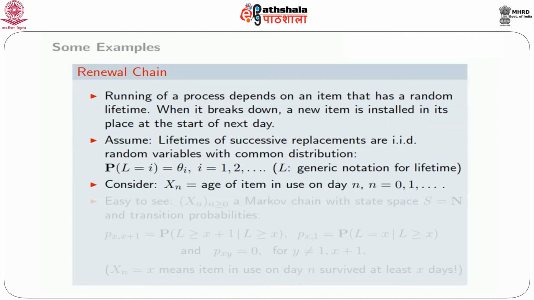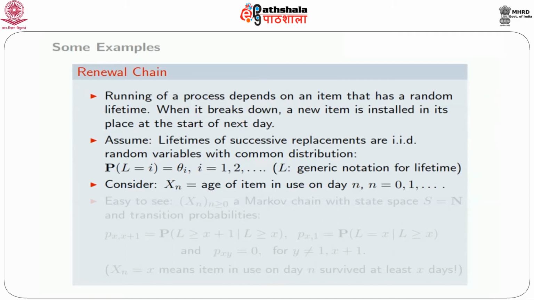Now what is the X_n that we are going to consider? Let X_n denote the age of the item in use on day n, for n equal to 0, 1, 2, etc. Remember, as the process goes on, on day n the item that is in use may have been the first item that was installed.